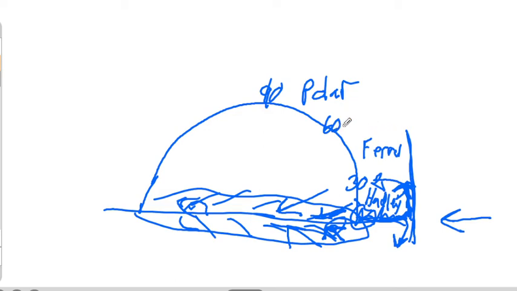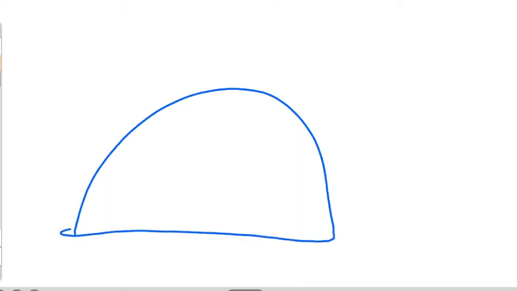So we have upward vertical motion that hits the tropopause, comes over, gets upper level convergence, and downward vertical motion. Let me try to clear that up a little bit. So up, over, down, out, up, over here.